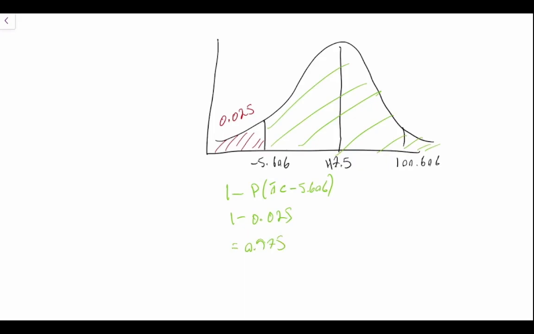So in other words, we have a 97.5% probability of being above the lower limit of the confidence interval, and we are therefore 95% sure that there's a productivity improvement, and that's from part A. So we're 95% sure that there's a productivity improvement from part A, but we are not 97.5% sure. Okay, so this is just a degree of certainty that we're incorporating into the question here. So we are 95% sure that there's a productivity improvement. That's what we calculated in A, but based on our confidence interval, we are not 97.5% sure.